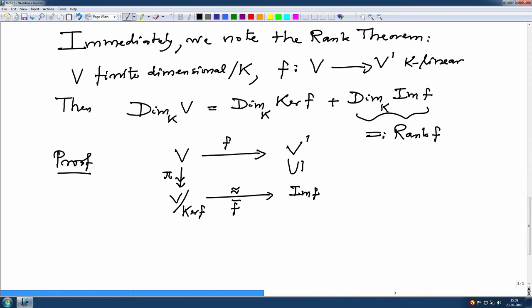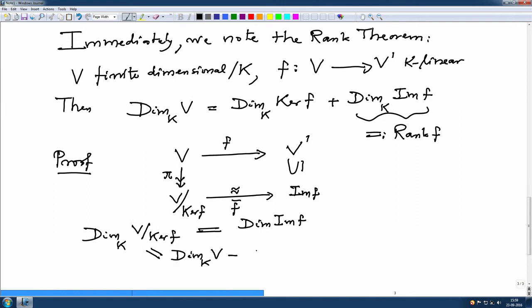So, in particular the dimension of the quotient space equals the dimension of the image, because it is an isomorphism. But the dimension of the quotient space we know is the dimension of the big space minus the dimension of the kernel. And therefore, we get this formula. So, the rank theorem is trivial if you prove the isomorphism theorem. Okay.